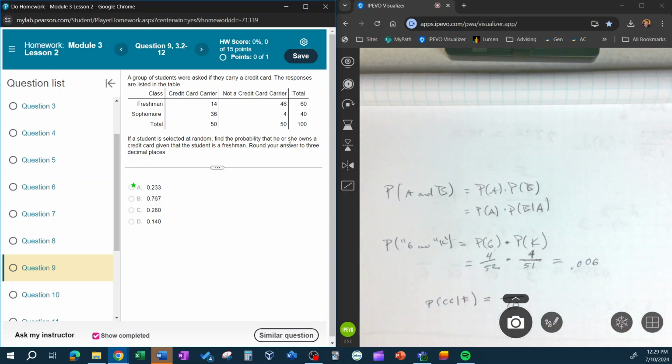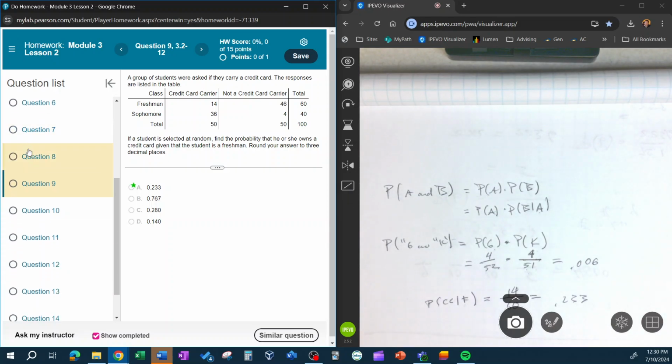And then we need to find how many of those 60 have a credit card. It looks like 14. So 14 out of 60 is 0.233. All right, so next one, number 11.